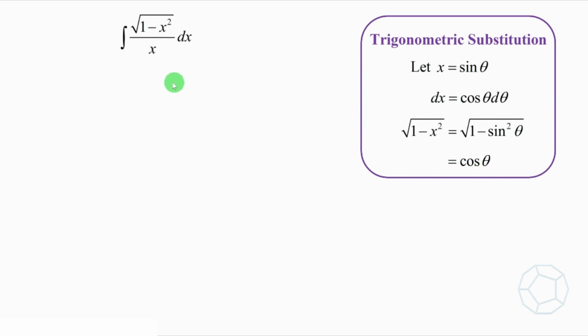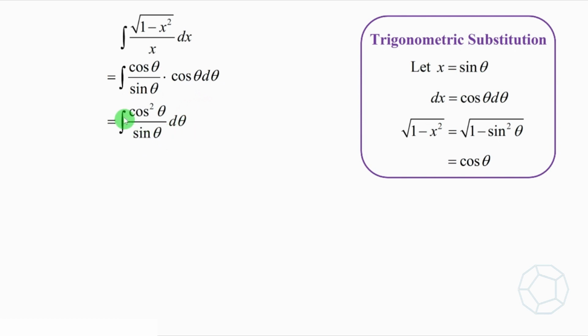Now we put everything into the integral. Therefore, it is equal to the integral of cosine theta over sine theta times cosine theta d theta, which is equal to the integral of cosine squared theta over sine theta d theta.